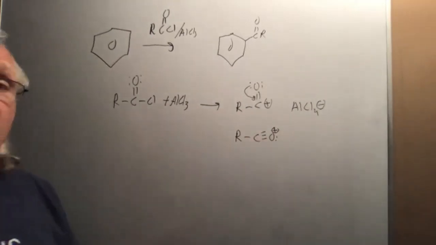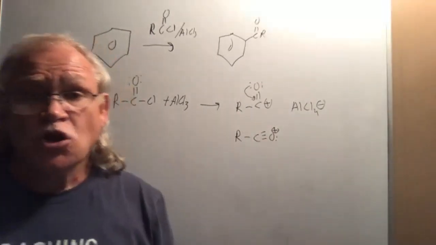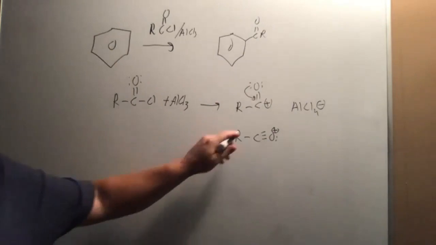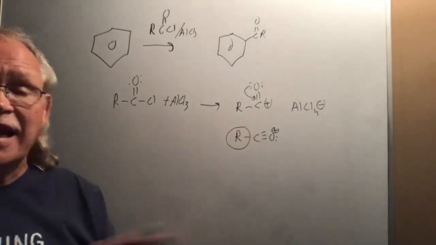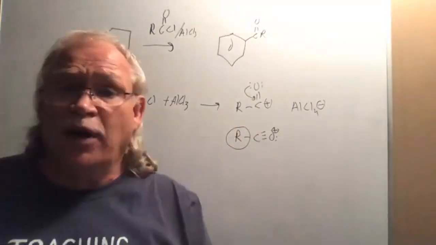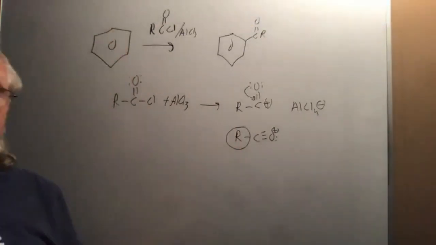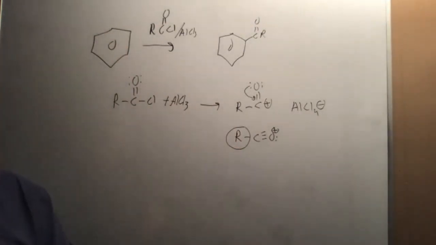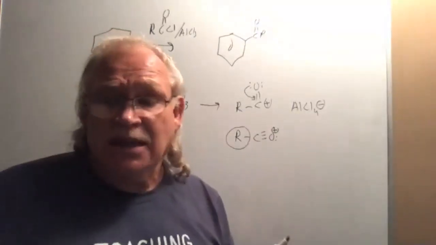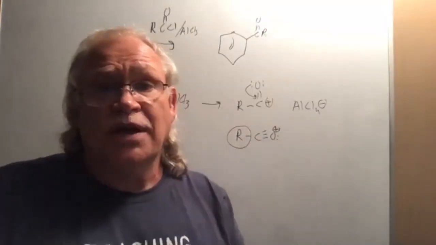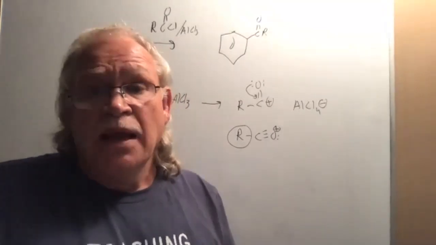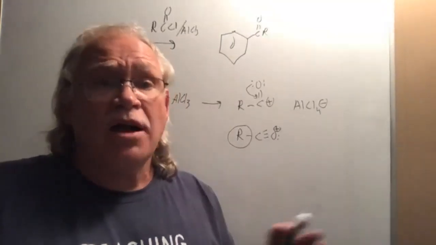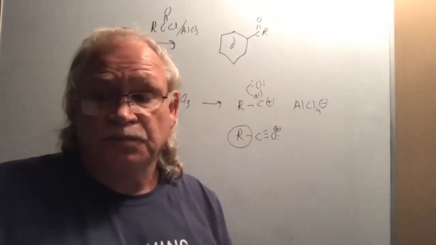This cannot undergo rearrangement. So when we do the acylation, whatever the R group is, it can't undergo any rearrangement because notice it's not where the positive charge is located. So the first thing we can say about the acylation, and this is not in your notes, you need to add this to your notes, is that it does not have rearrangements.